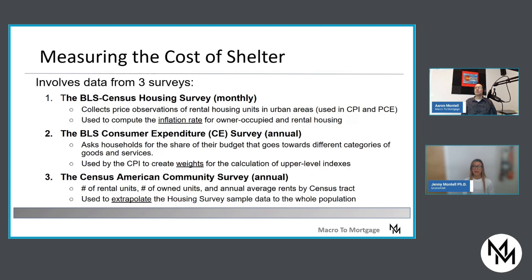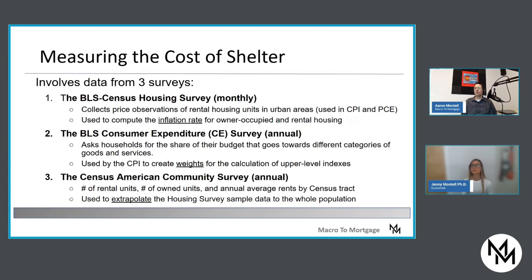And they do it monthly, and it collects price observations of all kinds of goods and services. But for housing, price observations of rental housing units in urban areas. Again, it's used for both CPI and PCE. And it's used to compute the inflation rate for owner-occupied and rental housing.